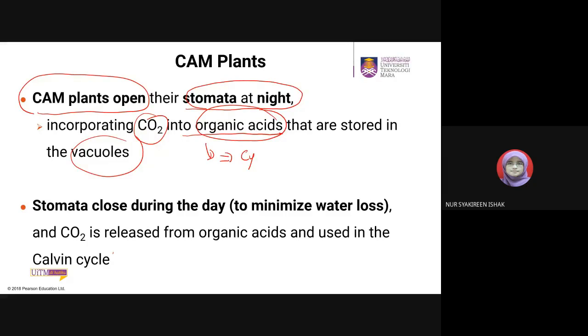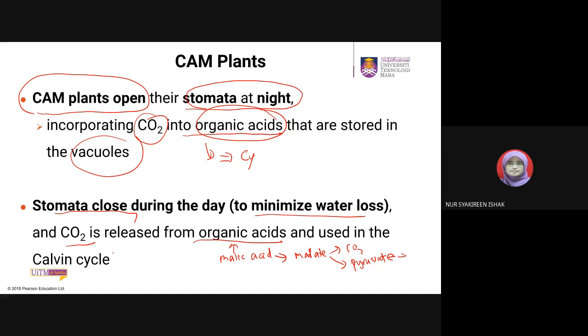During daytime, when the stomata are closed due to hot temperature and to reduce water loss, carbon dioxide is released from the organic acid. Ingat, organic acid is malic acid. During daylight, malic acid akan convert jadi malate. Reaction dia sama dengan C4, malate akan split into carbon dioxide and pyruvate.